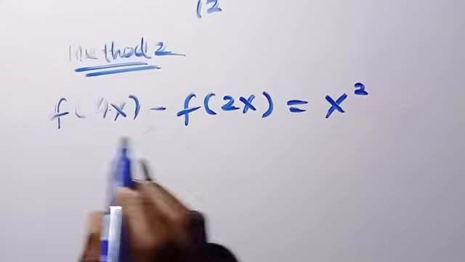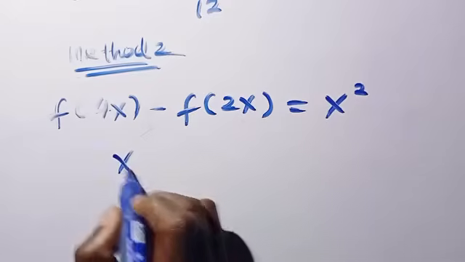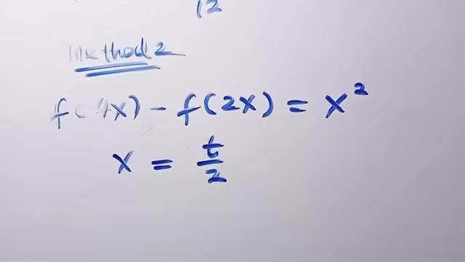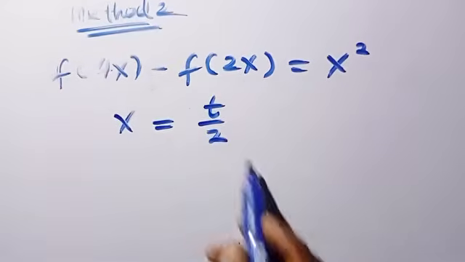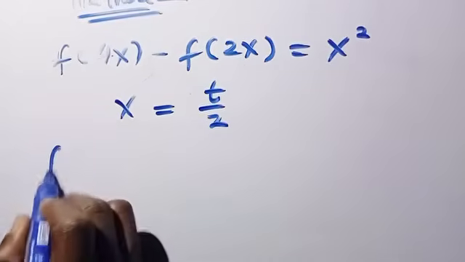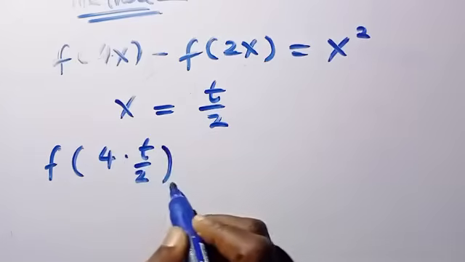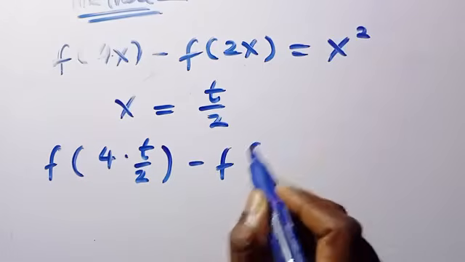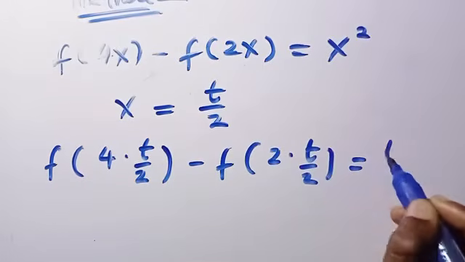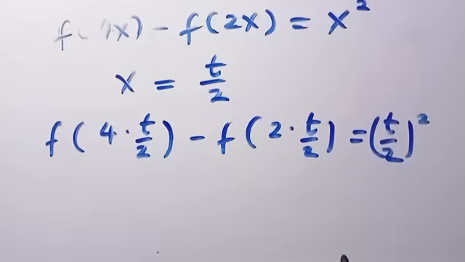Suppose I apply the substitution method here. Let's replace x with t divided by 2. By replacing x with t over 2, we have f of 4 multiplied by t over 2 minus f of 2 multiplied by t over 2 equals t divided by 2, all raised to power of 2.